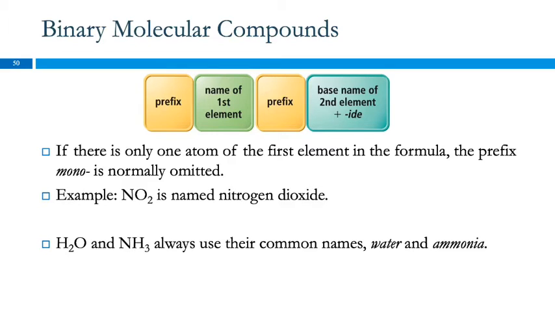Yes? If they're in the same group, how do you know which one gets written? That's a good question. If they're in the same group, how do you know which one goes first? Well, there's a trend for metallic character, and it's actually like the easiest trend there is. So like if you look at group 5A, we see that nitrogen's at the top, it's a nonmetal, and bismuth is at the bottom, and it's a metal.